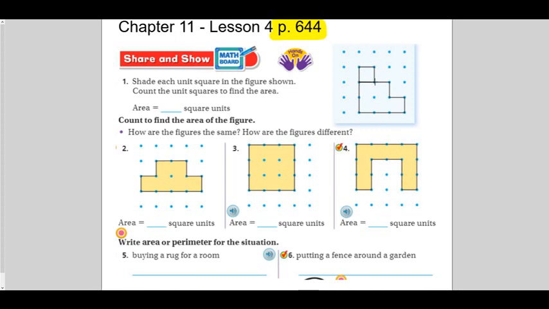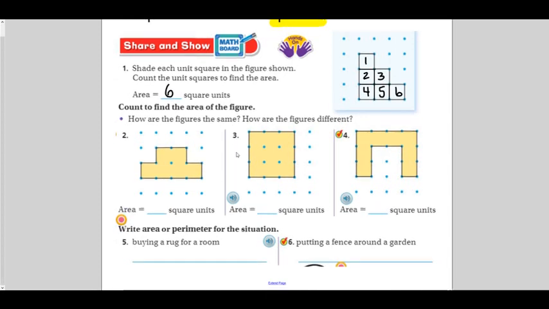So here would be, if we just connected the dots, quite honestly, we could shade them in, or we can even just number them as 1, 2, 3, 4, 5, and 6. So we have 6 unit squares for number 1. If you do not have that in your book, you can go ahead and change that right now.